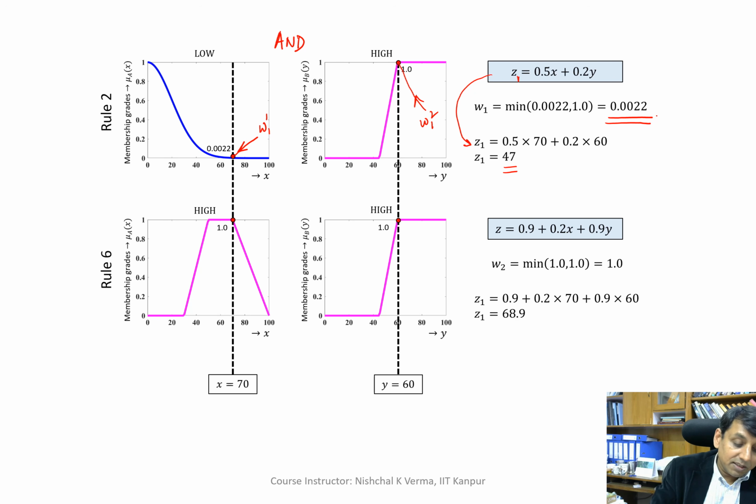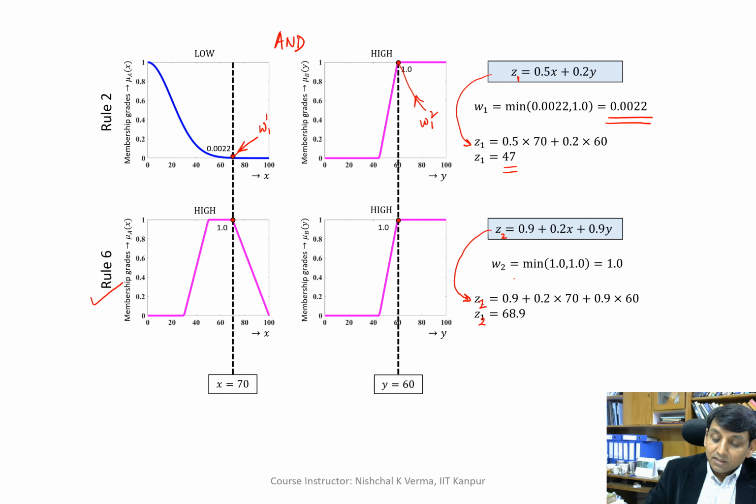Now similarly, when we apply rule 6 for the input x equal to 70, y equal to 60, we have Z2 like this. Z2 is already given, and when we use the values of x and y, we get Z2 computed as 68.9.